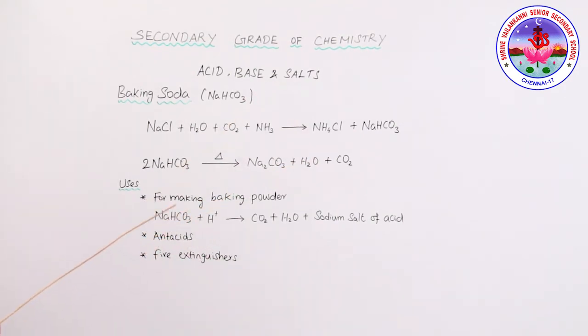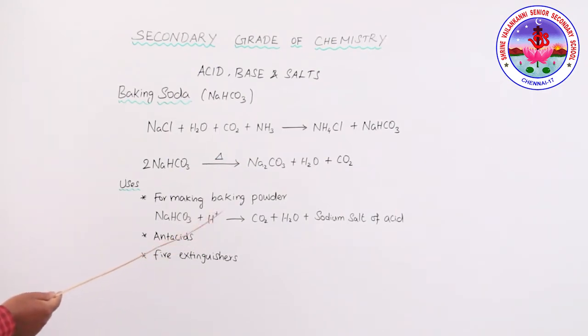Sodium hydrogen carbonate has various uses in the household. One use is for making baking powder, which is a mixture of baking soda and a mild edible acid such as tartaric acid.